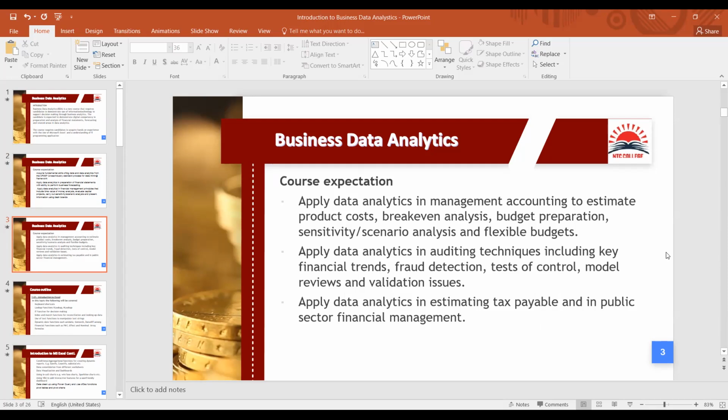So when we'll be looking at advanced Microsoft Excel, you'll actually be able to see how we have the controls that you can use to detect fraud, to test controls, among others, including the validation.